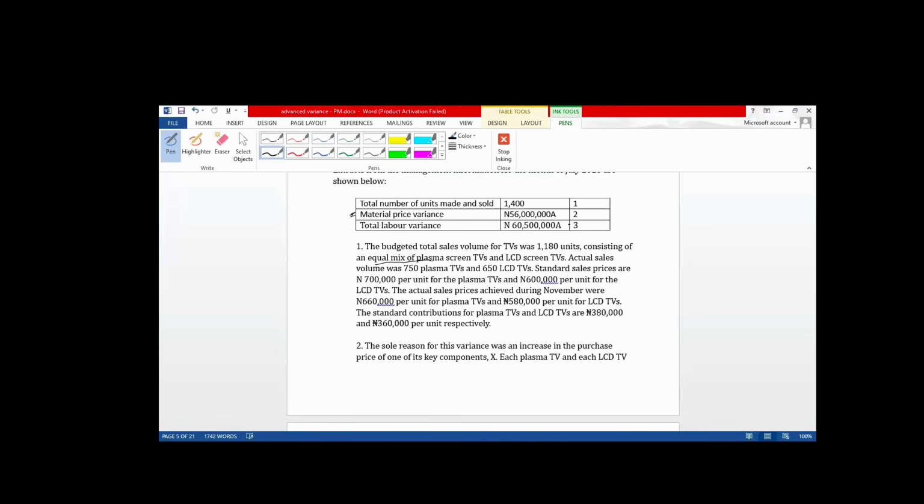As a business person, you must keep yourself abreast of current information. So it is the fault of the company that they are still using a standard cost of 120. Meanwhile, the price of raw materials, component X, has gone up in the market to 170.